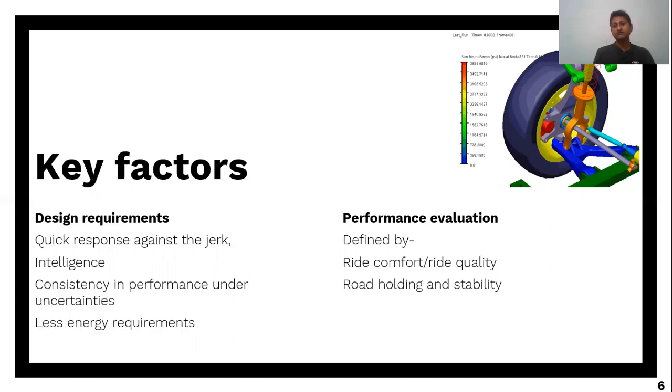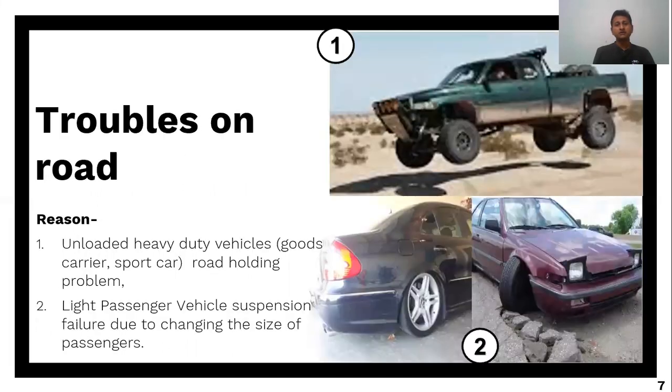And how will we evaluate the performance? There are two factors which can decide the performance of a suspension system: ride comfort, and road holding and stability. These are the practical problems which we observe in our daily life. When an unloaded heavy duty vehicle runs on the road, it shows a jumping behavior that is very uncomfortable, and creates chaos in the vehicle body.